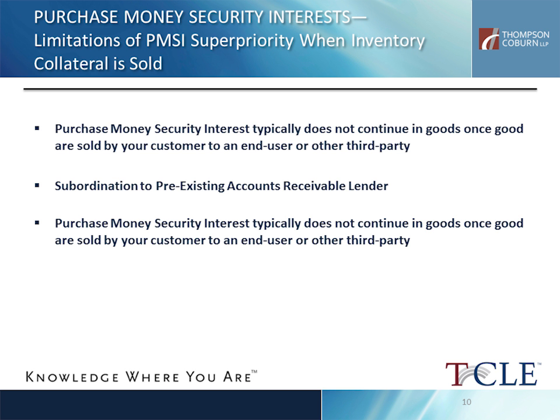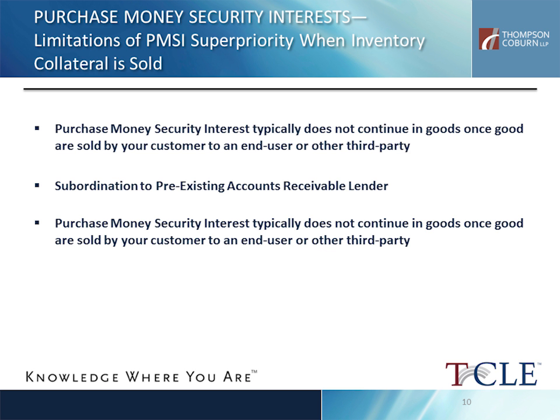And then another limitation that comes into play: if your customer sells the goods for cash, you will have a lien on those cash proceeds, but your purchase money status is limited to only cash proceeds that remain identifiable, and often cash proceeds get commingled with other cash sources, so it's very hard to trace through and establish a continuing priority in cash proceeds.